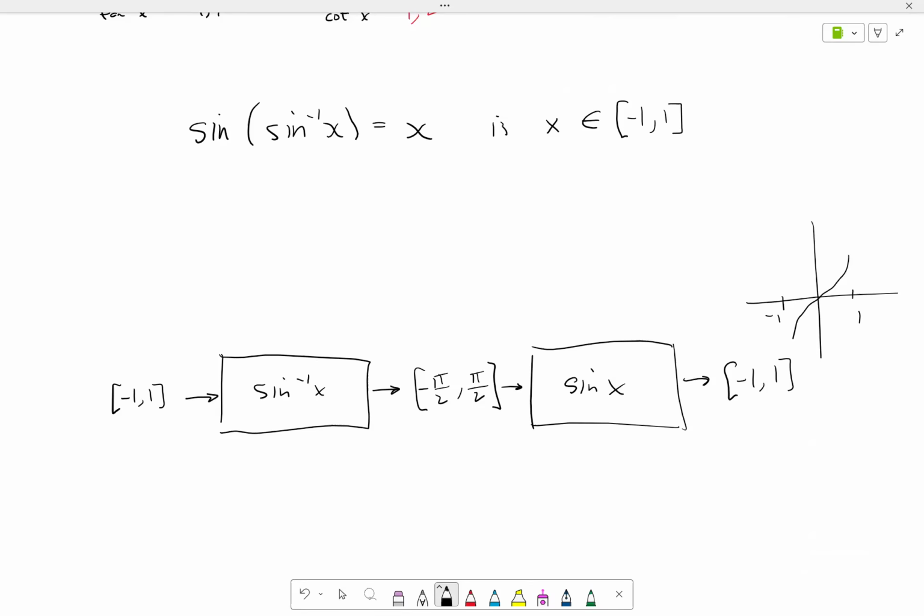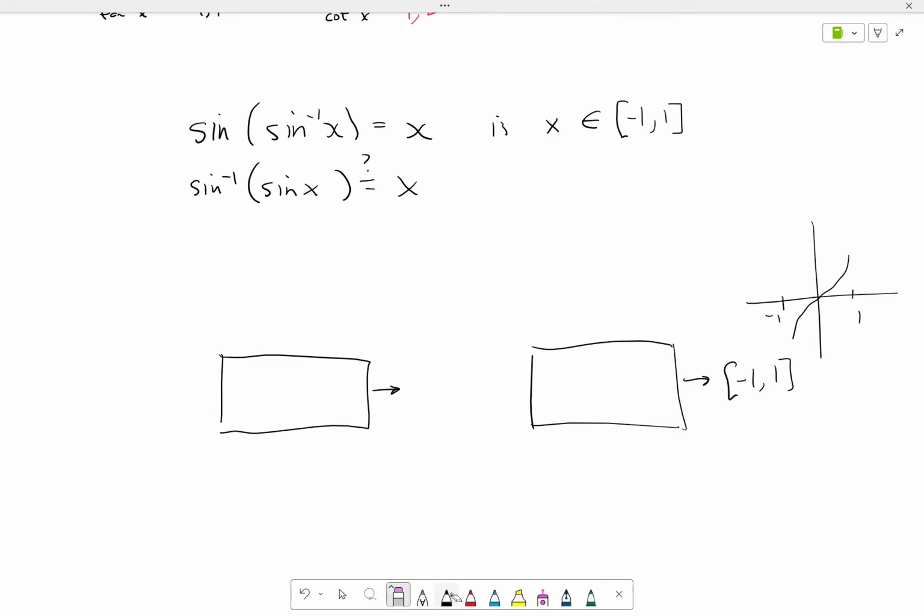Okay. The next one we're going to do is sine inverse of sine of x. Does that equal x? Well, let's work through it. In this case, the flow is different. The x first goes into sine. Now, what numbers could go into sine of x?